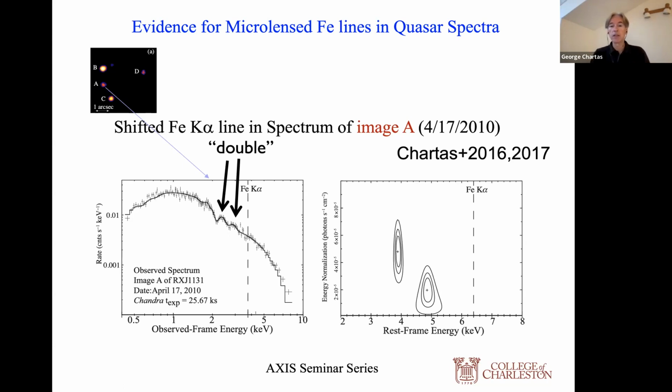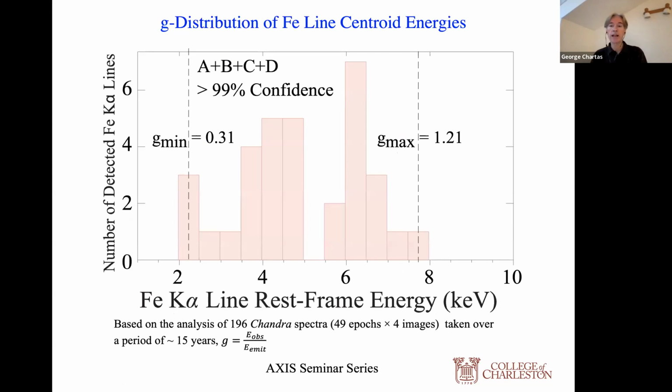So we've produced now, this is the most updated distribution of these shifts of these iron lines. If there's no shift, obviously the line energy should be at 6.4 keV, but you notice in this plot there are cases where the iron line is shifted all the way down to 2 keV.